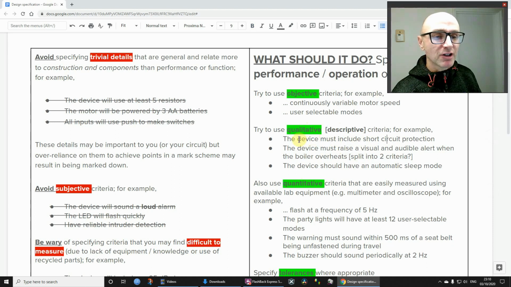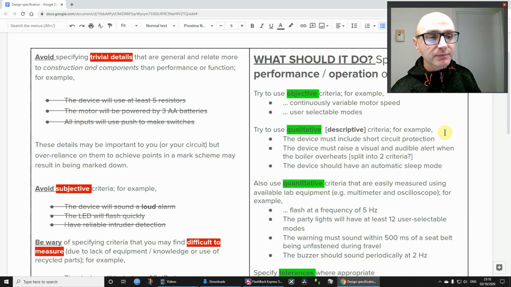If you said, for example, the device must include short circuit protection, so if you have an accidental short circuit, then it shuts down the power supply. It's not really, well, it is measurable to a degree, but for our purposes, just saying it either has short circuit protection or it doesn't, that's a quality of your product.